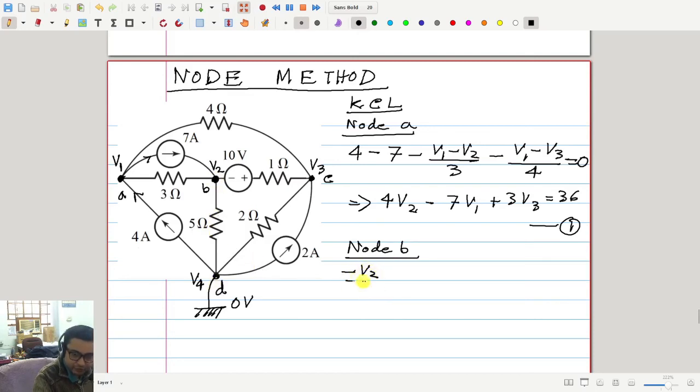Minus V2 by 5. Then through this 3 ohm resistance, some current is coming in. How much is that? (V1 minus V2) by 3. Then this 7 ampere current is coming in, so plus 7.